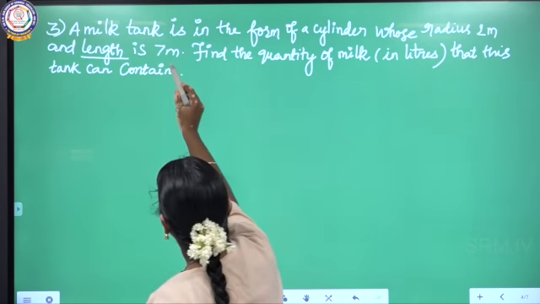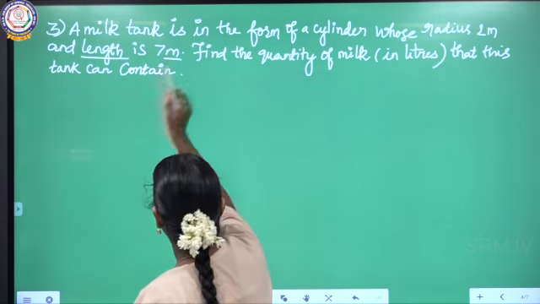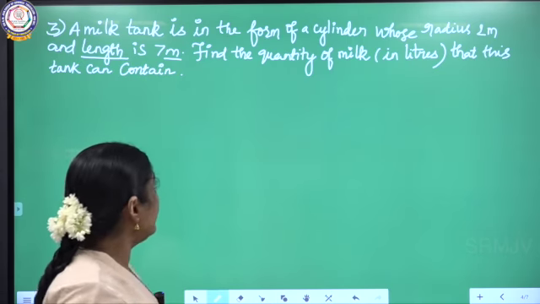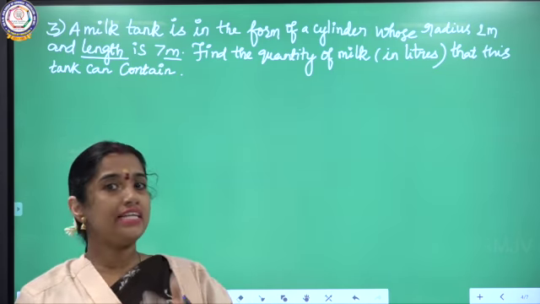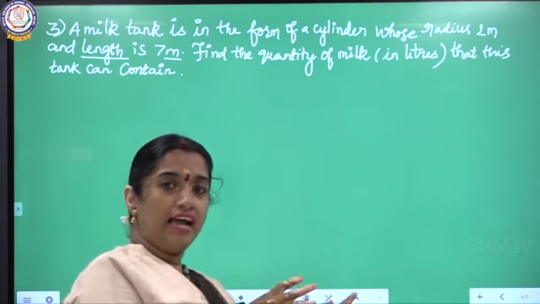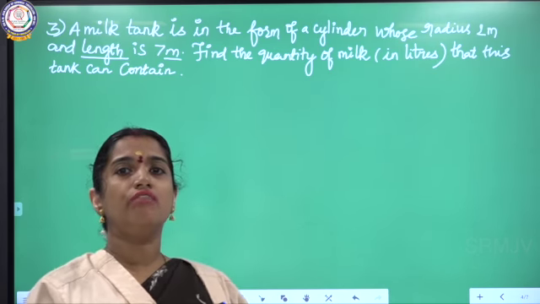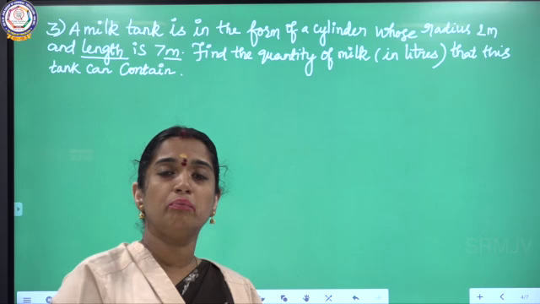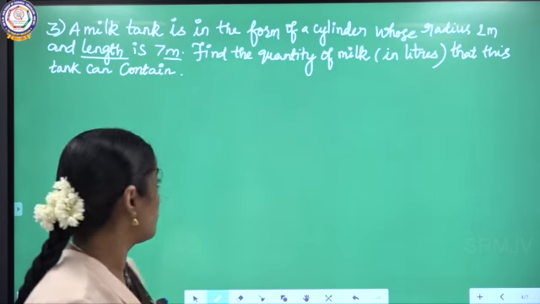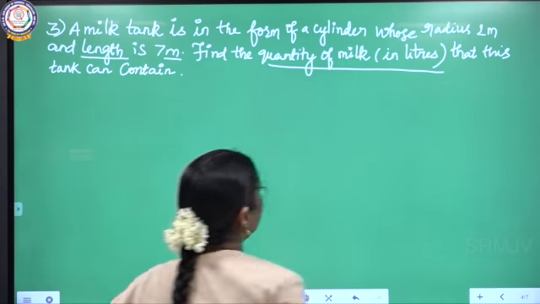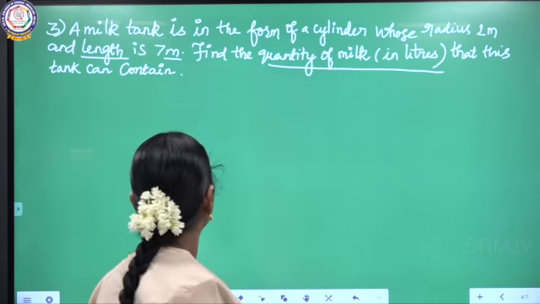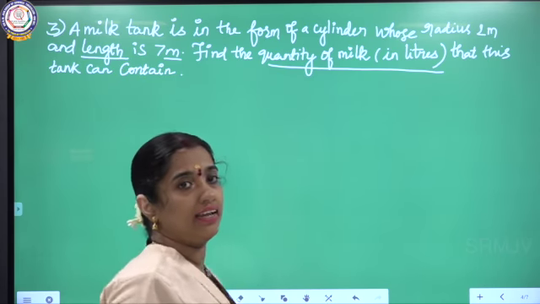See, the unit here is given in meters. So when I am finding the volume of the cylinder, the unit will be meter cube. After that, in the second step, I am going to change that meter cube into liter, because in the question they are asking the quantity of milk in liters that this tank can contain.